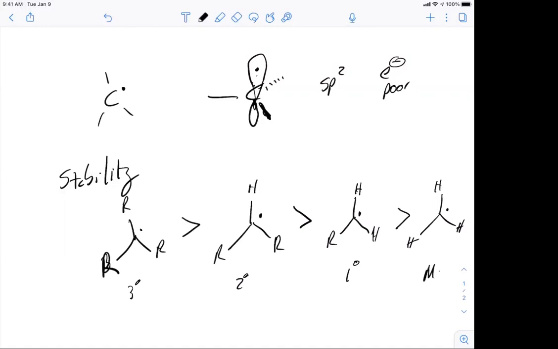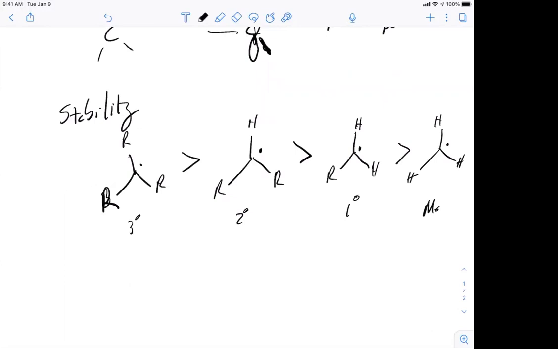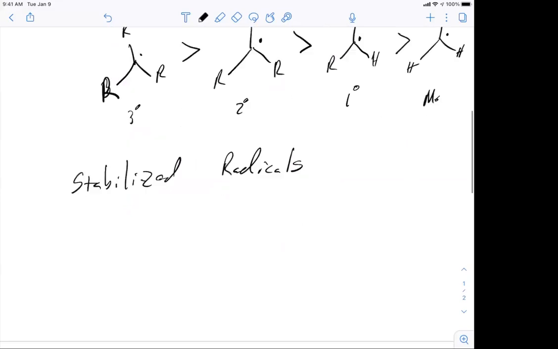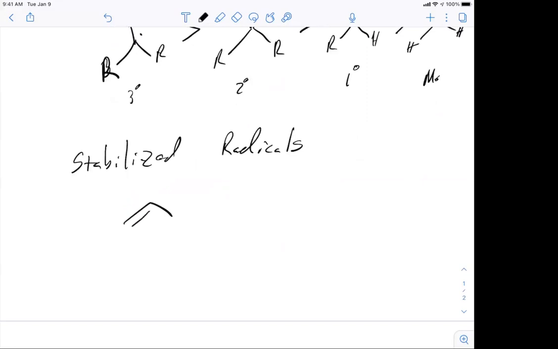So when we're looking at reactivity of radical reactions, we can see that they should follow the same reactivity of stabilization as carbocations. So not going to be identical to those, but we'll favor tertiary over secondary. We'll also have stabilized. So if we have a primary radical here, we can delocalize that radical.